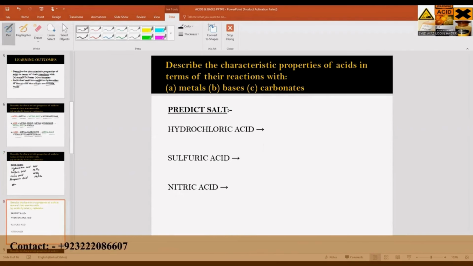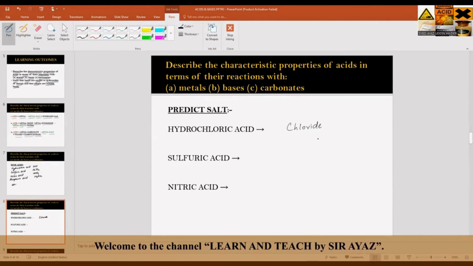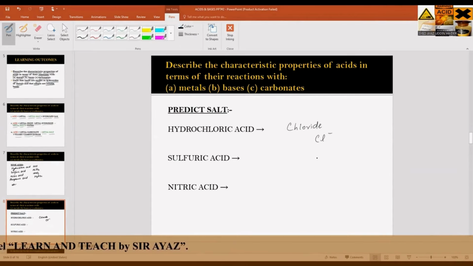Now, recall, whenever the acid is hydrochloric acid, the name of the salt will be chloride. So the salt must have the Cl negative ion in the formula.